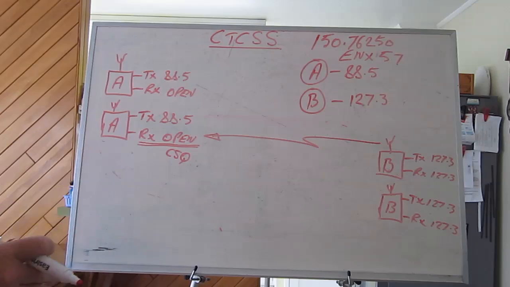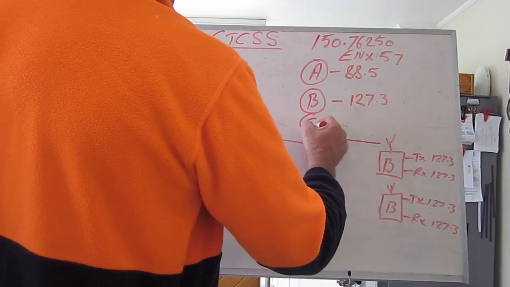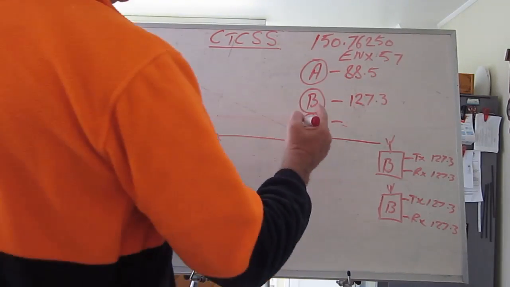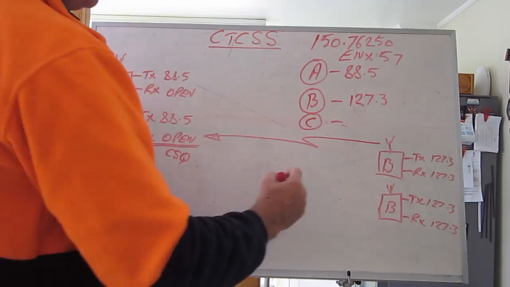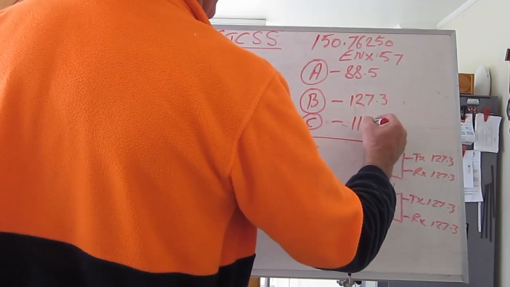Now this particular issue got worse because we had Company C come along. Company C also got a valid license to use the same frequency. Company C's CTCSS tone was 118.8.